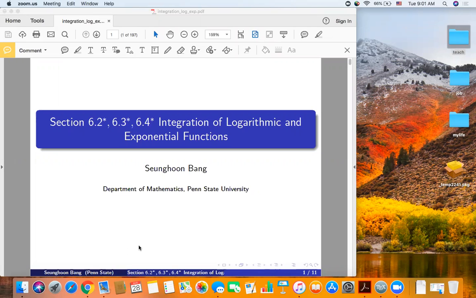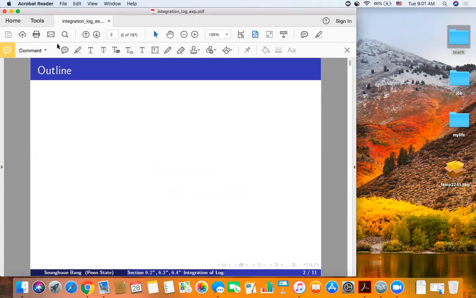Today I want to talk about section 6.2*, 6.3*, 6.4*: integration of logarithmic and exponential functions. This is like a 2-day lecture. This is the outline. First, integration formulas.